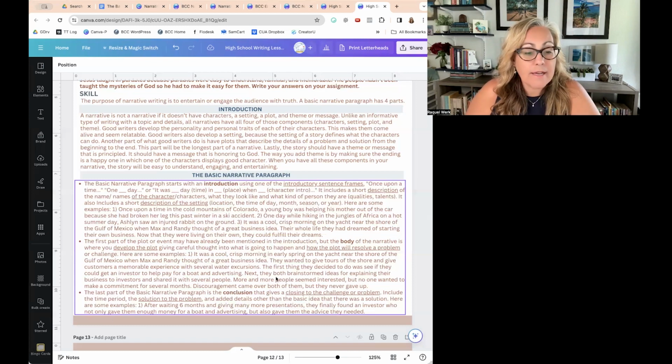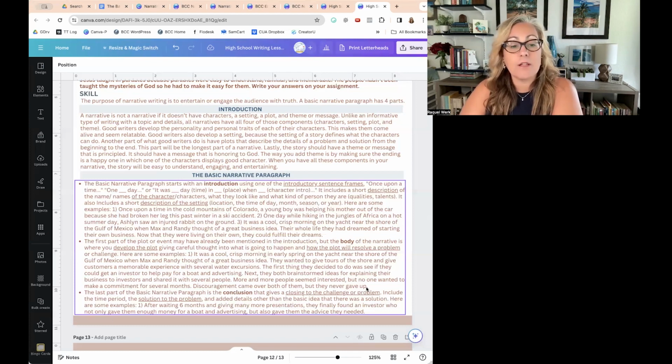Let's read on. Next, they both brainstorm ideas for explaining their business to investors and shared it with several people. More and more people seemed interested, but no one wanted to make a commitment for several months. Discouragement came over both of them, but they never gave up. So you can see that the plot further develops from them getting an investor to explaining their idea to different investors.